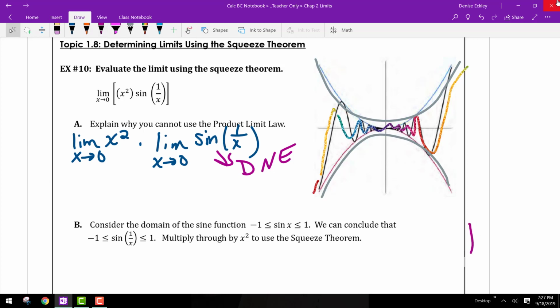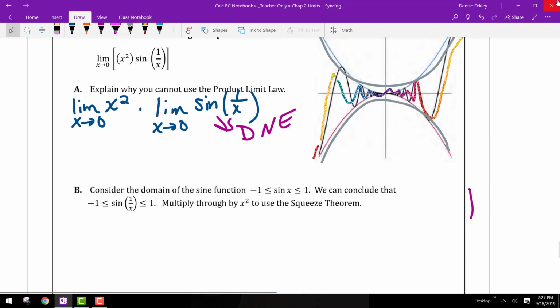We do something like this. We can consider the range of the sine function. As you know, the sine function has to be anywhere between -1 and 1.